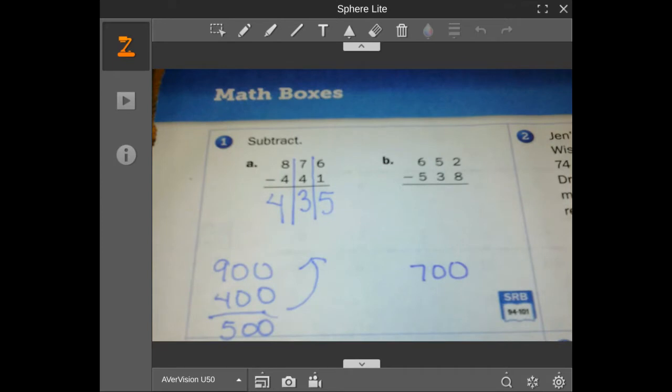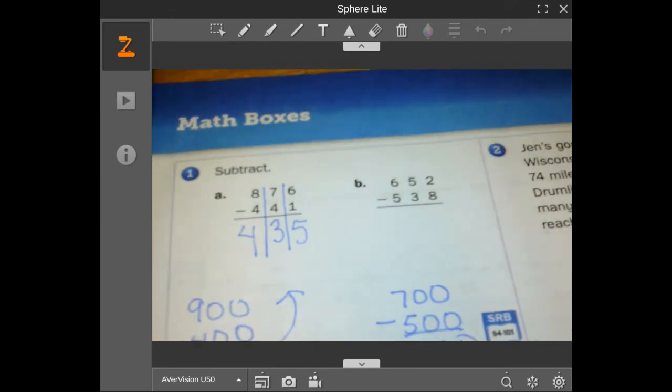And I want to see your estimates on your paper, so be sure you're writing this down. 700 minus 538 is close to, yes, 500. So 700 minus 500 equals, you tell me, guys. Yes, 200.